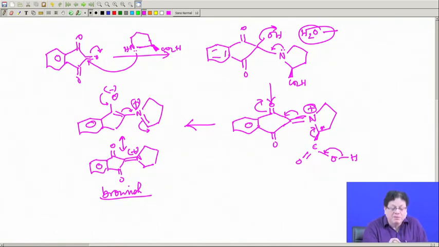Earlier, a primary amine replaces the carbonyl with NH2 and that reacts with another ninhydrin, but in this case only one ninhydrin is associated with the pyrrolidinium ion, and this pyrrolidinium ion is coming from the decarboxylation of the proline ring. So, this is brownish yellow.